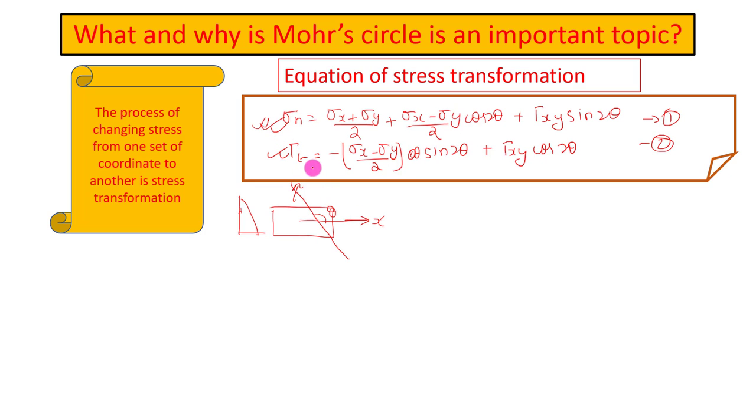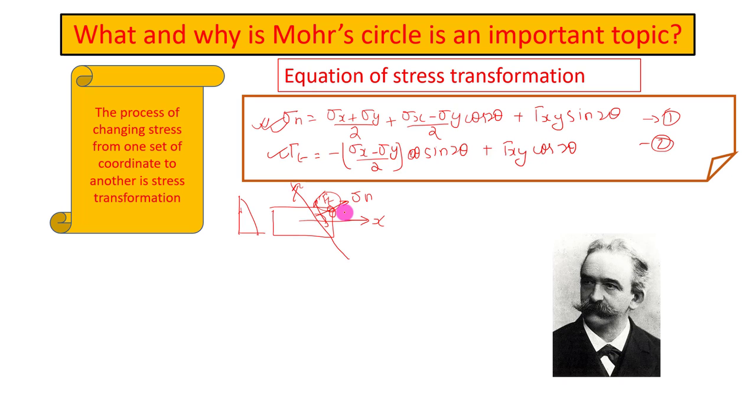This formula can be derived, and it will give the normal stress and the tangential stress acting at this plane. Now this formula is sometimes hard to memorize because it also contains sign conventions that we need to remember. So a person named Otto Christian Mohr came up with a graphical representation of this equation so that it would be easy to memorize.